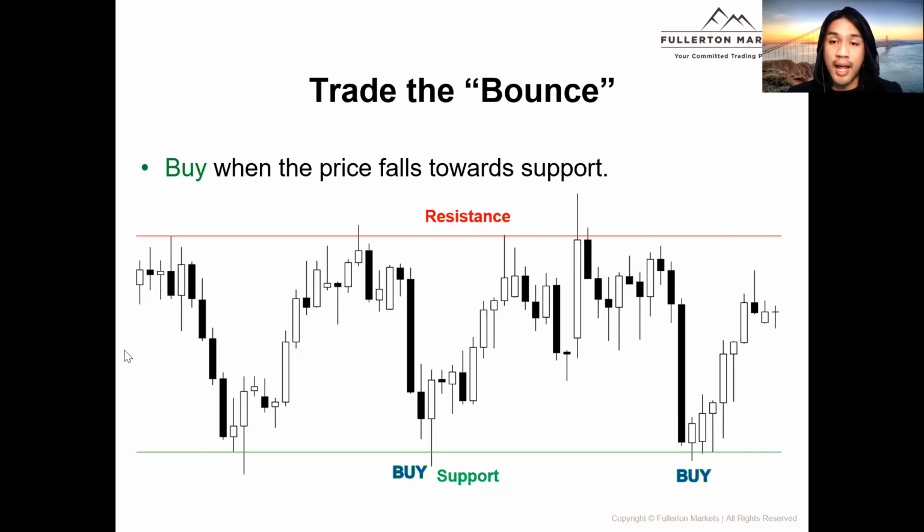This does not mean that this is the only area that we consider resistance. The area above it as well can also be considered the resistance. Same down here, the area below can also be considered the support.